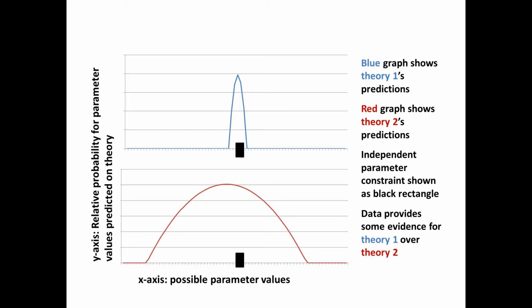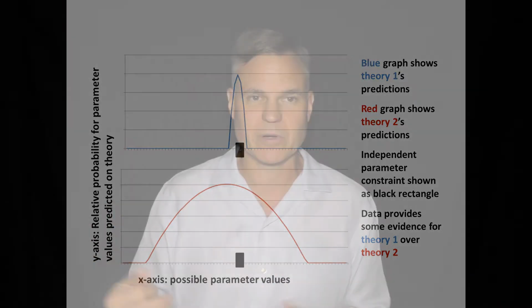So on that theory, there were so many things that could have been consistent with it that we don't gain as much confidence that that theory is correct. So if the only criteria for evaluating theory 1 and theory 2 here are these particular predictions, then we would have more confidence in theory 1 than theory 2, because theory 1 requires less fine-tuning.